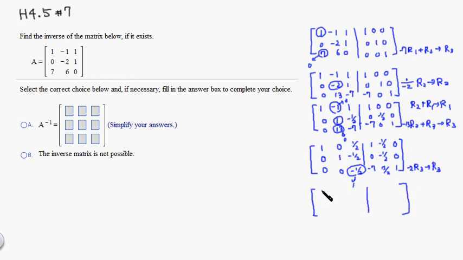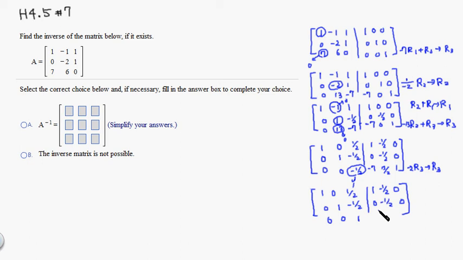So it's a 1, 0, 1/2, and a 1, negative 1/2, 0. Then 0, 1, negative 1/2, 0, negative 1/2, 0. So multiply everyone by negative 2 on the third row. It's a 0, 0, and 1 times negative 2 is... so that's going to be positive 1.